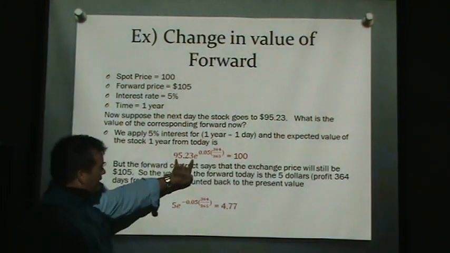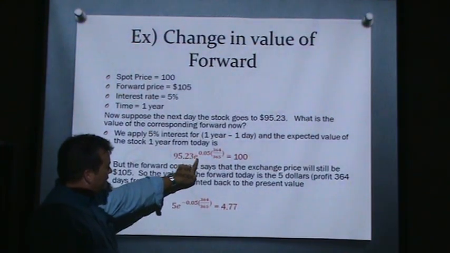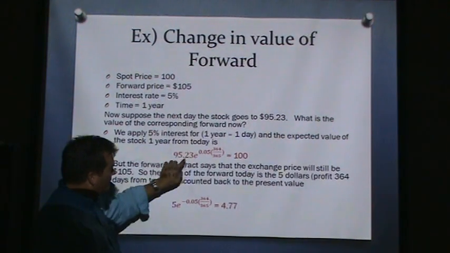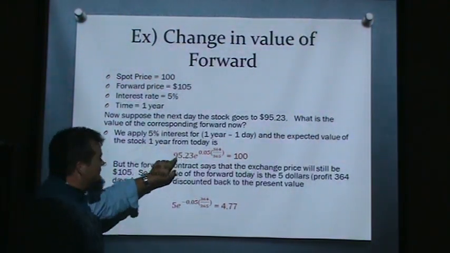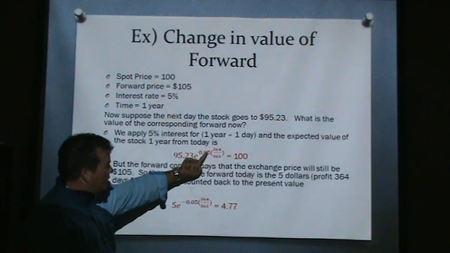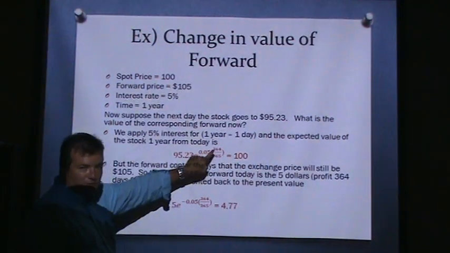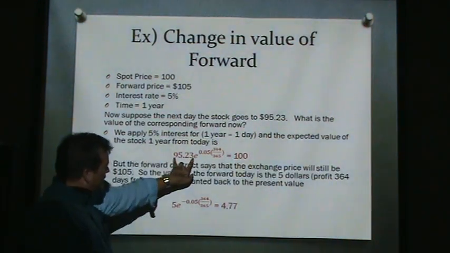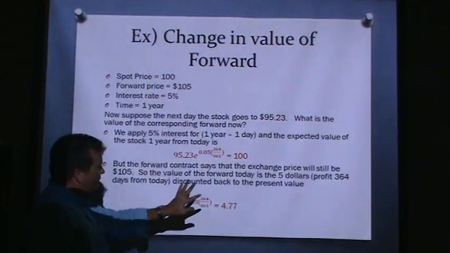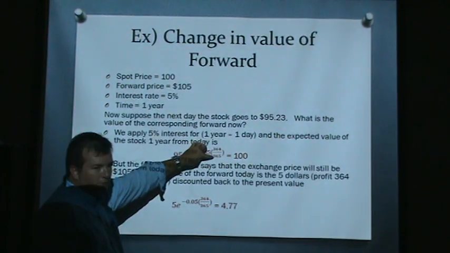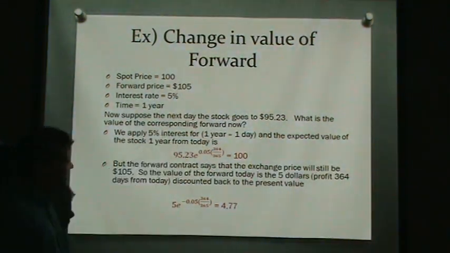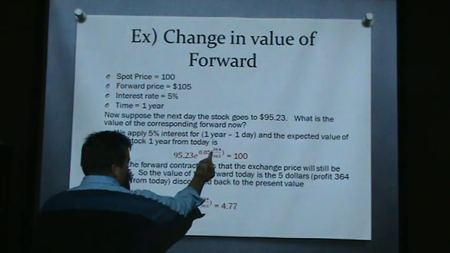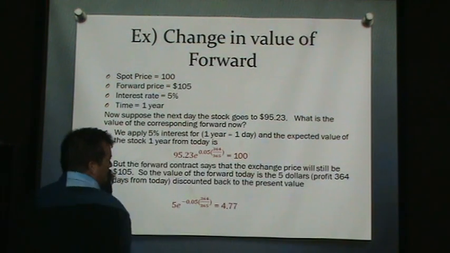So it would be the current price times e to the interest rate, R. Remember the formula was present value times e to the RT, the formula for continuous interest rates. So what do we expect the value to be, not 1 year from today, but 364 365ths of a year from today? It would be the current value times e to the interest rate times almost a whole year.